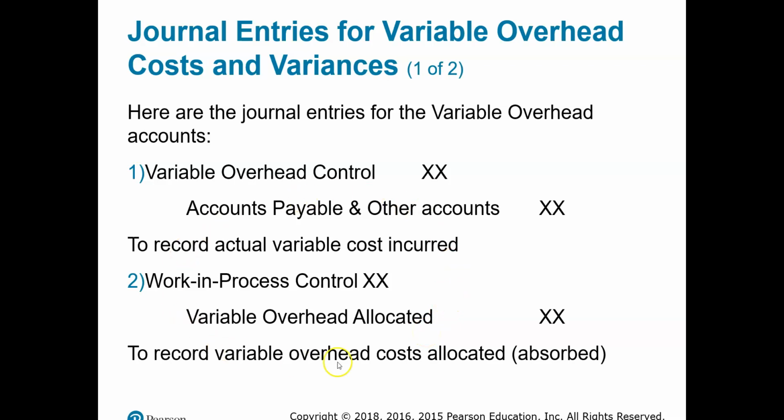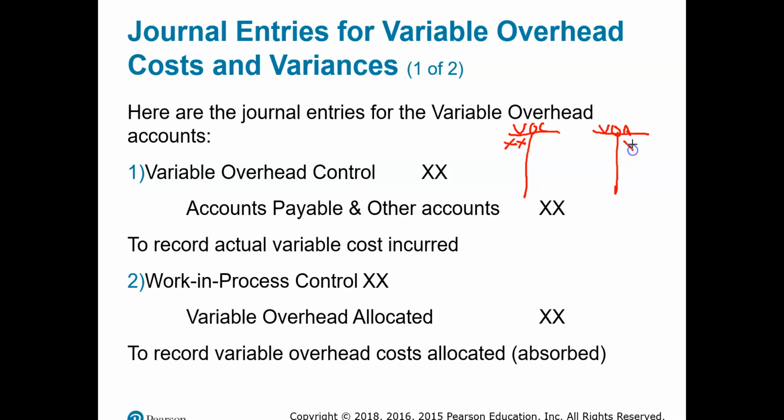So in this system with standard costing, we're still going to have two accounts for the incurrence of overhead: variable overhead control and variable overhead allocated. And we're still going to, like in the first example, debit variable overhead control for the amount of costs we actually incur.